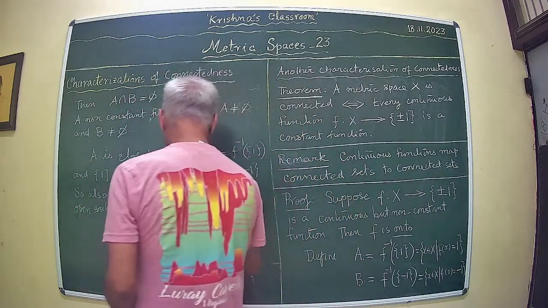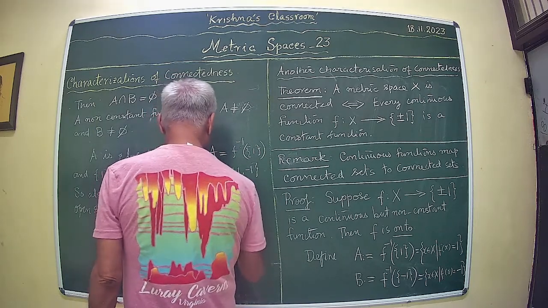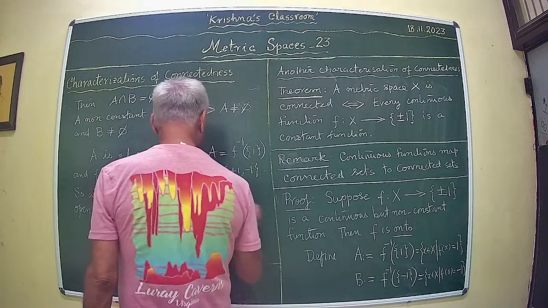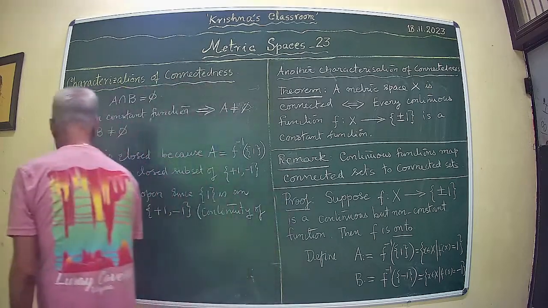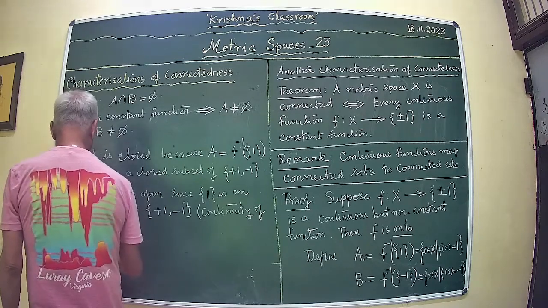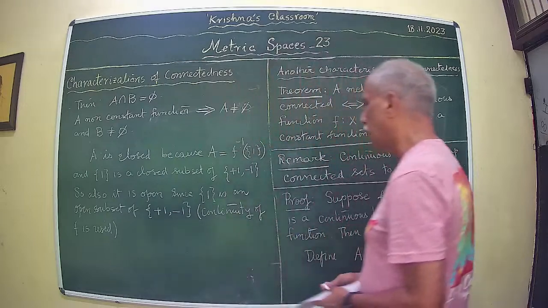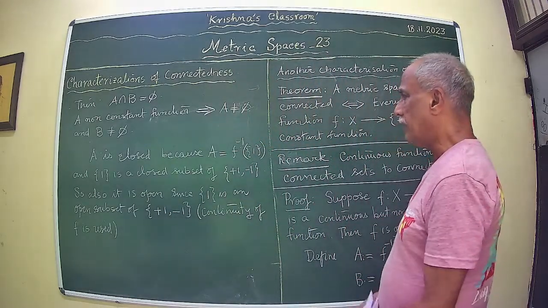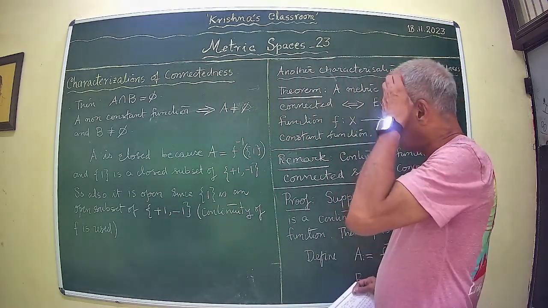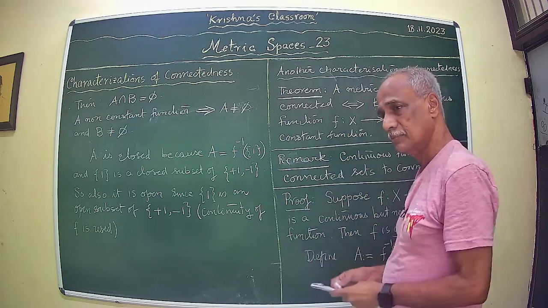Of course, in both these cases, we use the continuity of f. And therefore, what you have is that A is both closed as well as open.